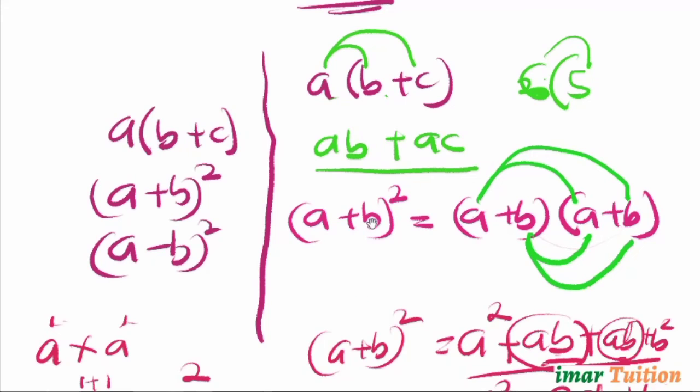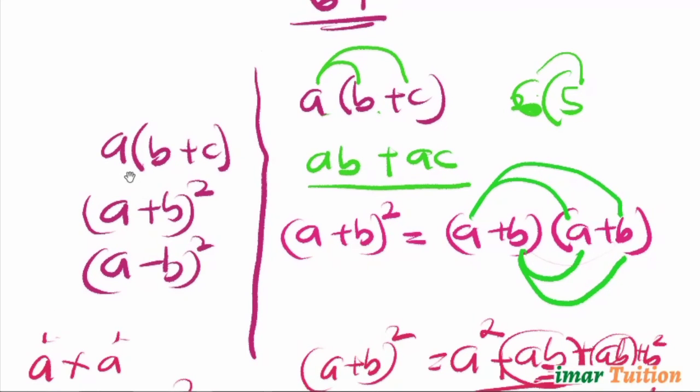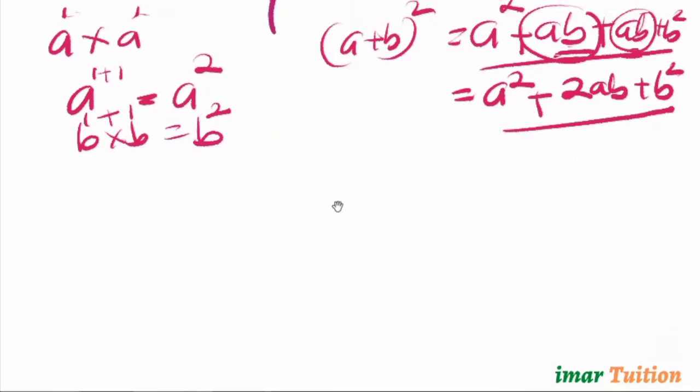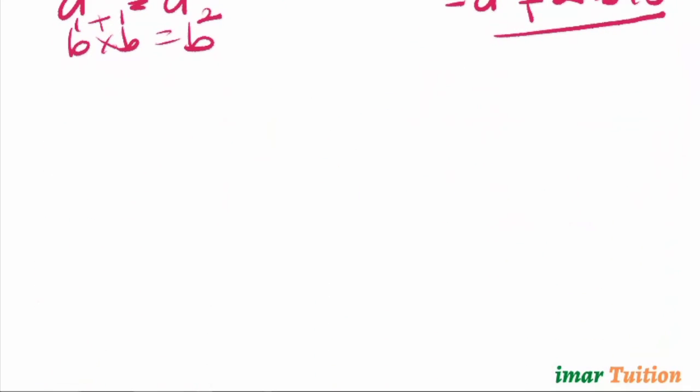The last one we're going to look at, we have looked at this. We're going to look at what a minus b squared will yield.